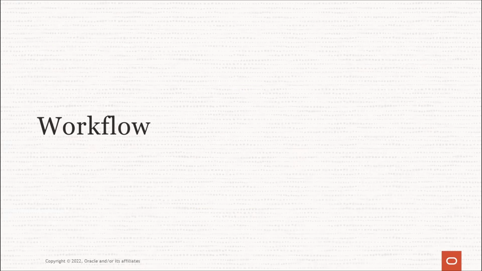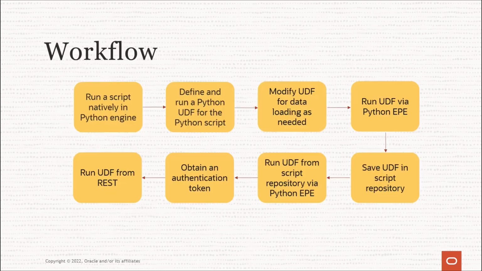Before we get into the demo, I'm going to describe a typical workflow when using the OML4Py REST API so you can get a general idea on how this works. You'll start by writing your Python code and then create a function from that code. And a best practice is to ensure that the function works as you expect in Python prior to invoking it in embedded Python execution, and then run the function from the Python interface for embedded Python execution and fix any issues you might find in your code during those steps.